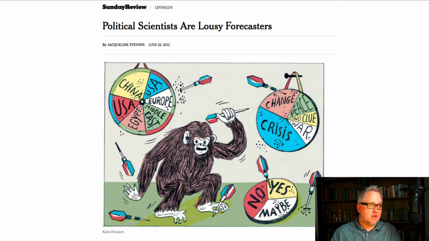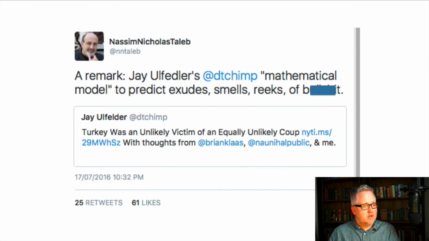And so you see articles critiquing political scientists for these probabilistic explanations about the world, but the world is incredibly complex. It's easy to critique.